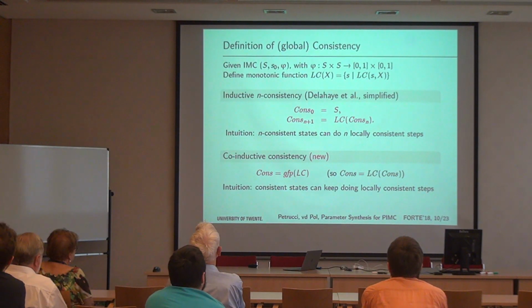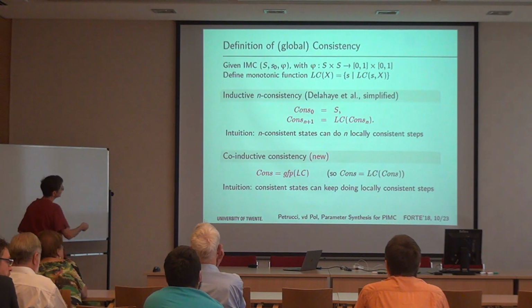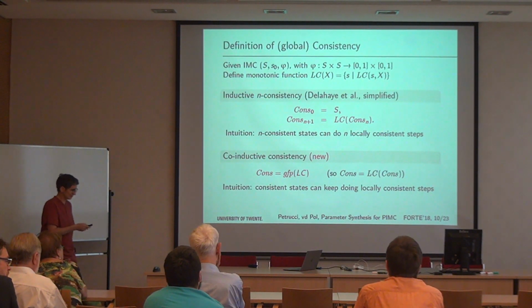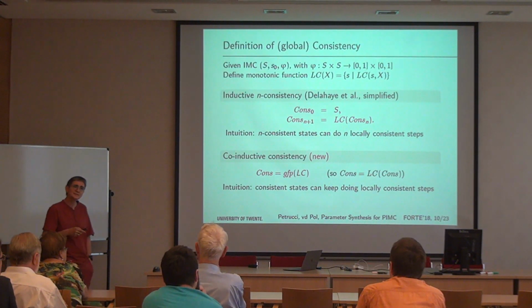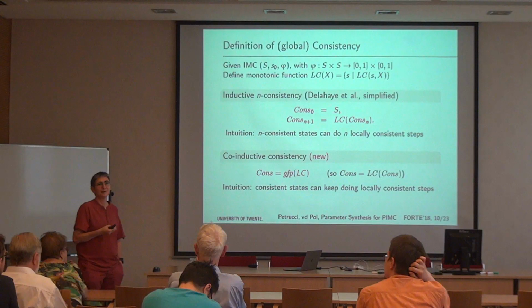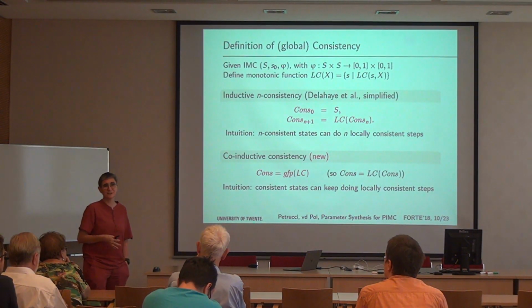And consistent states, in fact, intuitively, keep doing consistent local steps. So each time they remain consistent, and they remain consistent until the end. What is this greatest fixed point? Well, if you repeat, yes, you have a stable state.